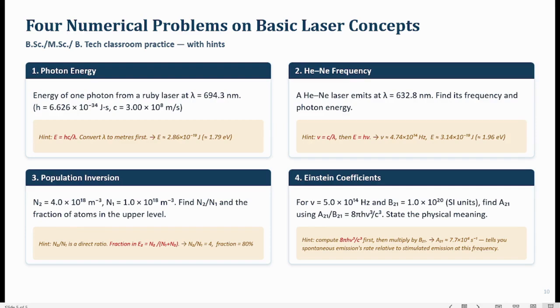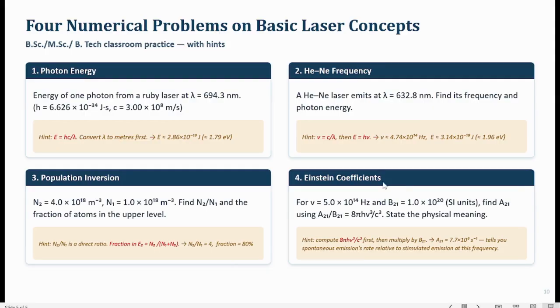So two things are to be calculated in this numerical problem. First, n2 over n1 is a direct calculation, and for the second, to calculate the fraction of atoms in the upper level, we have to calculate n2 over n1 plus n2. That is the number of atoms in the upper level as a fraction of the total number of atoms. So this will come out to be 80%.